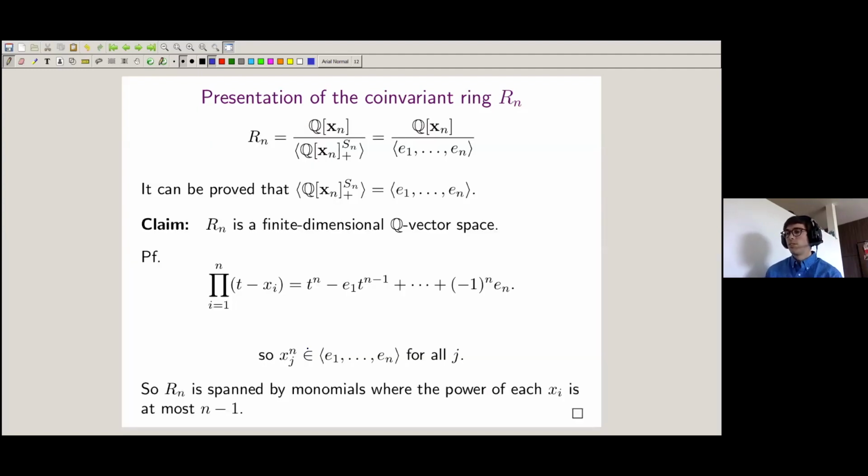Oops. And so this is telling us that xj to the n, I forgot that it vanishes when I go to the next slide, but it's telling us that xj to the n can be written as a sum over all of these, like ei times xj to the n minus i, which is in that ideal.